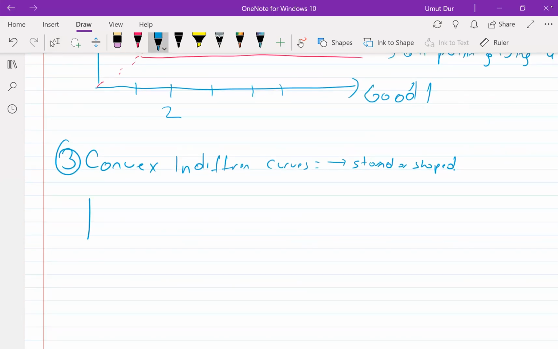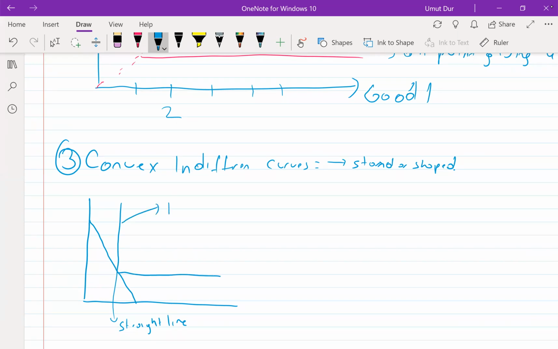If you remember, this is the straight line, which is perfect substitutes, and this is the perfect complements. The convex indifference curve is used to represent the in-betweens. So this will be the convex one.